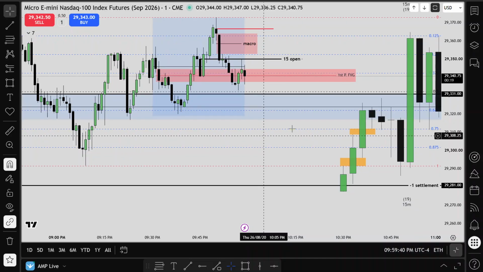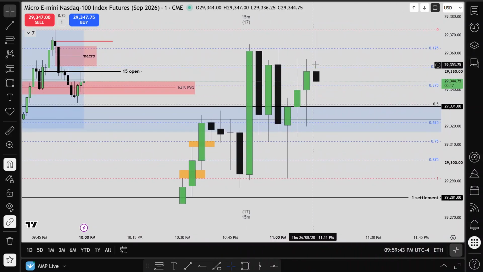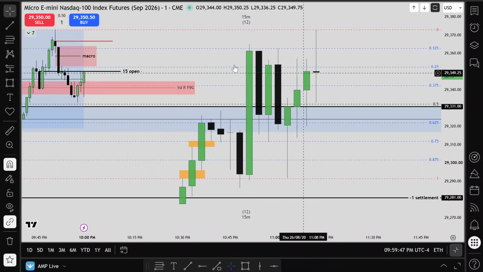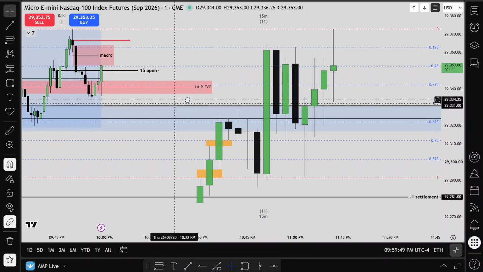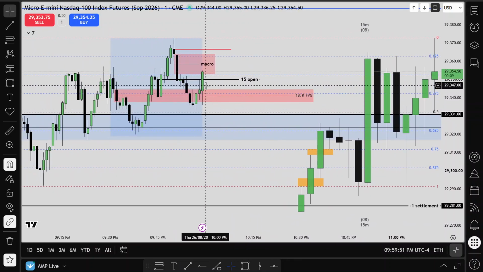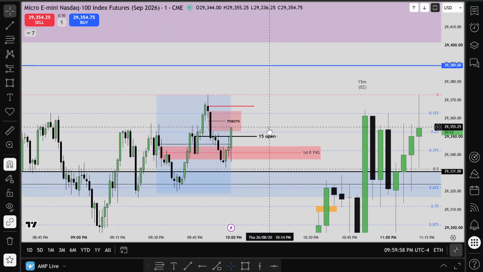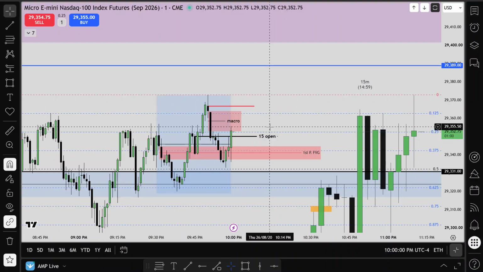So if we look at the 15-minute chart, what we have now is buy side taken, and I want to see if this is going to be a down close candle. So it looks like it's going to be an up close candle, which would mean that we're not going to be going short yet, or at least yet.